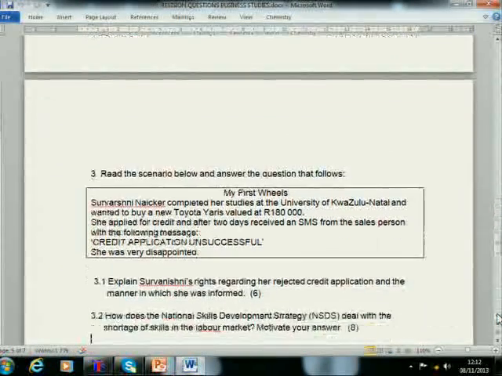The other example that I would like you to also look at is this one of National Credit Act. It says explain Savani's rights regarding her rejected credit application and the manner in which she was informed. Remember we said consumers have rights.